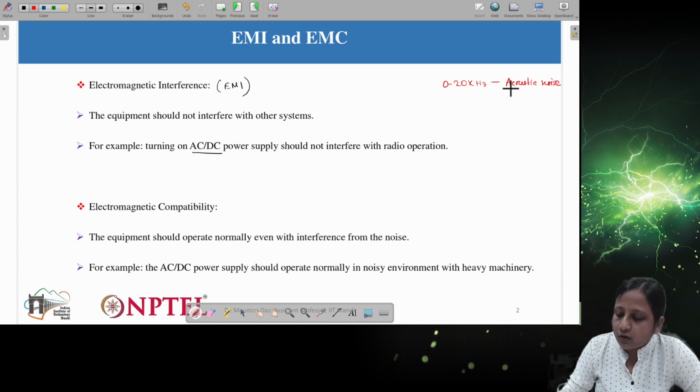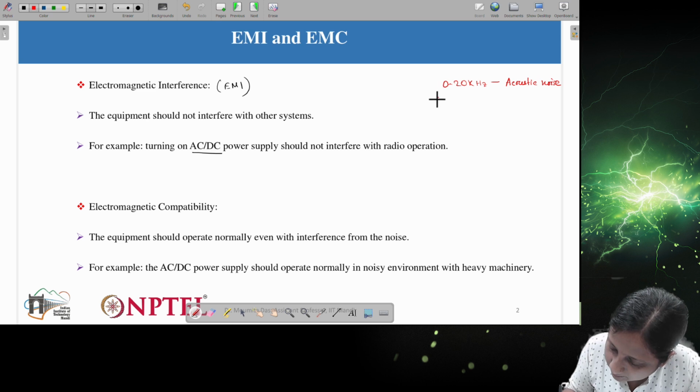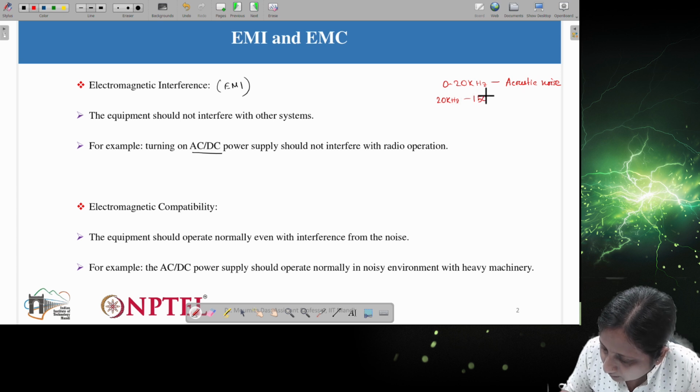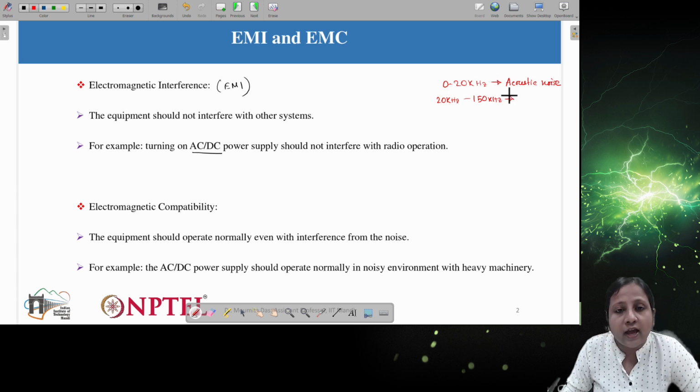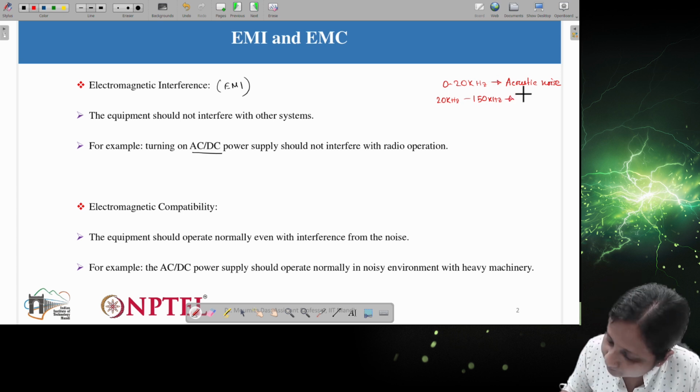Now, when the frequency range is between 20 kilohertz to 150 kilohertz, the frequency is between acoustic and radio frequency.